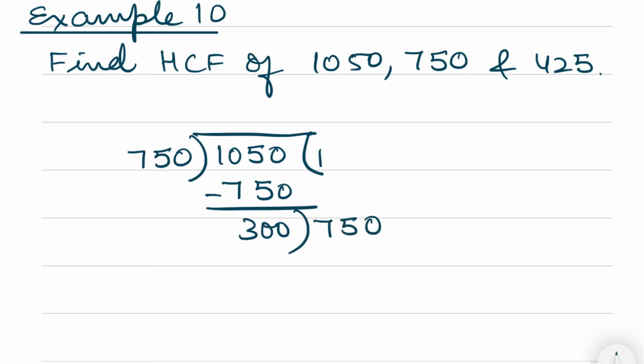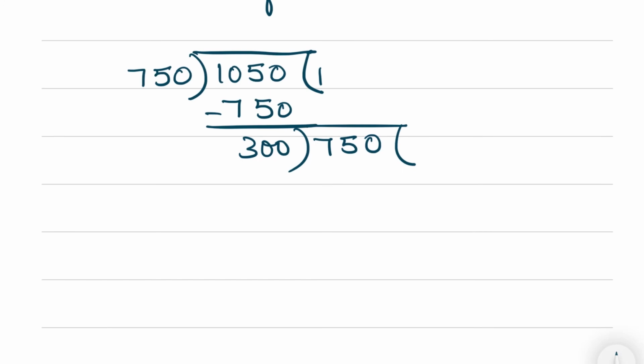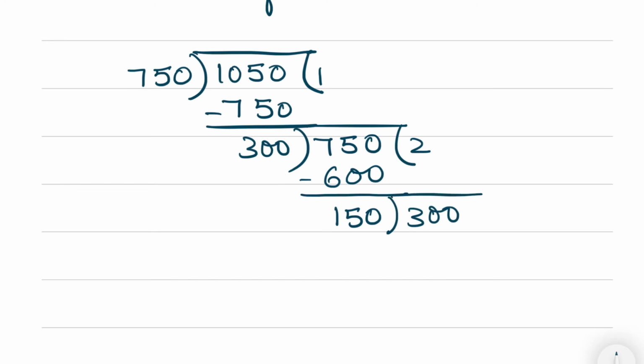Then 750 becomes the dividend, the previous divisor. 2 times 300 is 600, subtracting we get 150. This becomes the divisor and the previous divisor becomes the dividend. 2 times 150 is 300, subtracting we get 0.